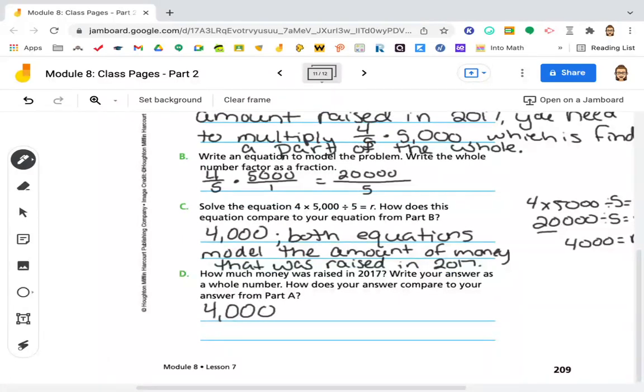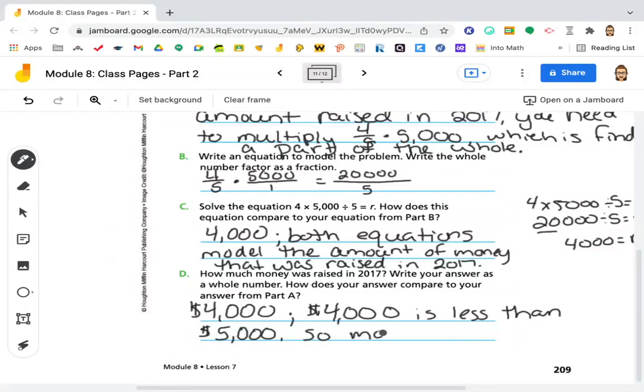So we have $4,000, and $4,000 is less than 5,000. So more money was raised in 2018.